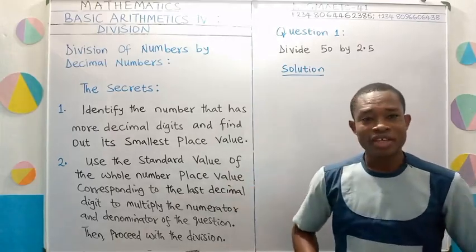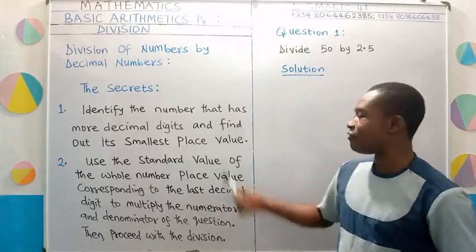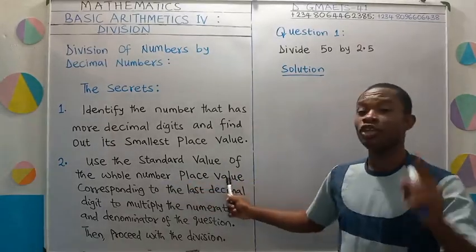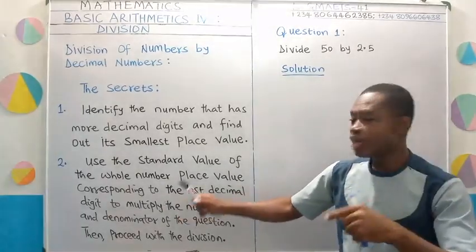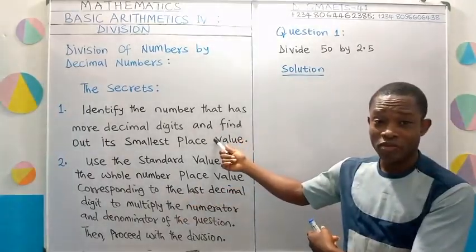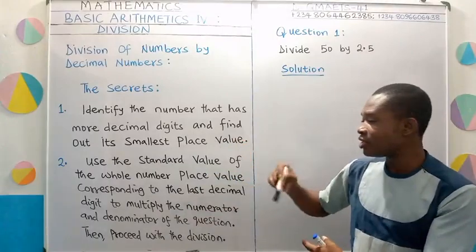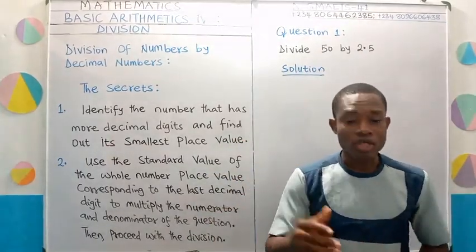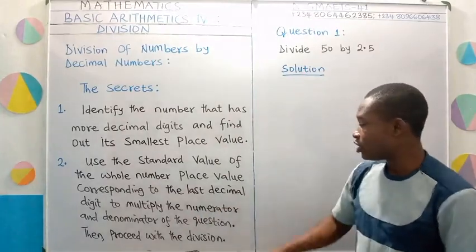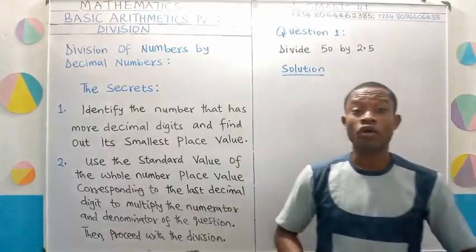Secret number 2 says you should use the standard value of the whole number place value corresponding to the last decimal digit, that is, the last decimal digit in the number you identified from point 1. Use the standard value of the whole number place value corresponding to it to multiply the numerator and the denominator of the problem you are solving.